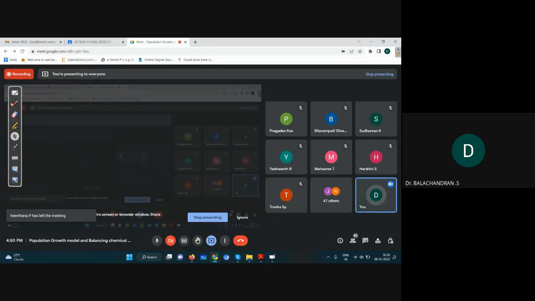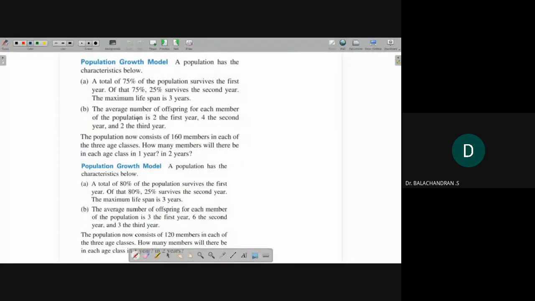So, has anybody got the answer for the first problem? A population has a total of... okay, for this problem, has everybody got the answer? If you got the answer, you can tell. How many members will be there in each class after the first year and in the second year? Anyone?